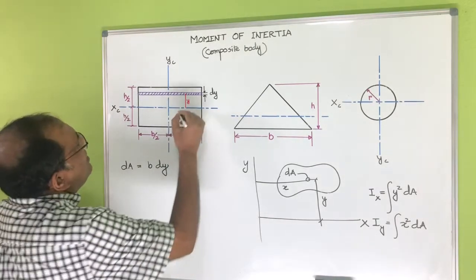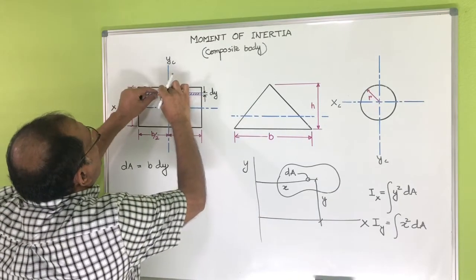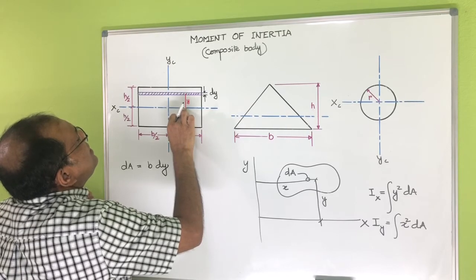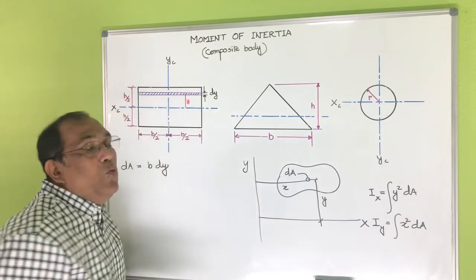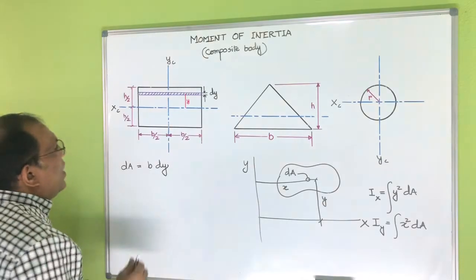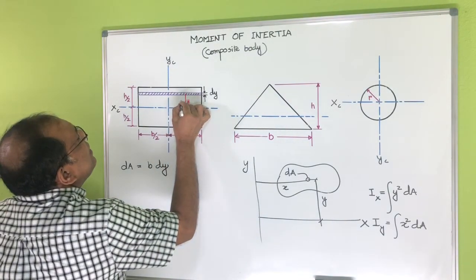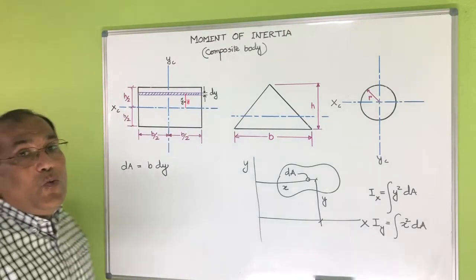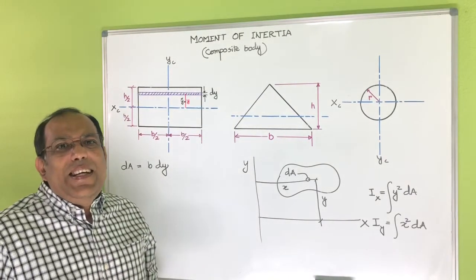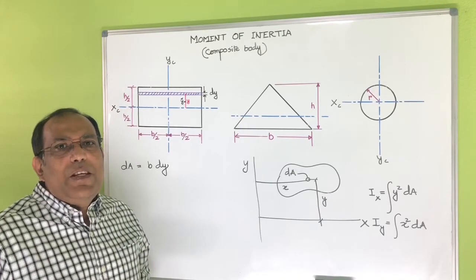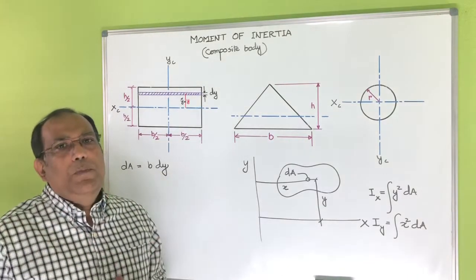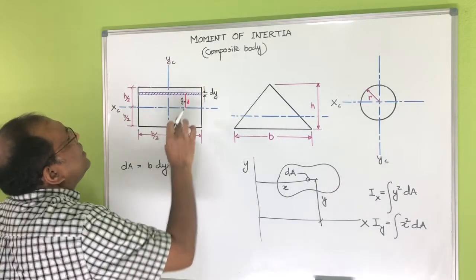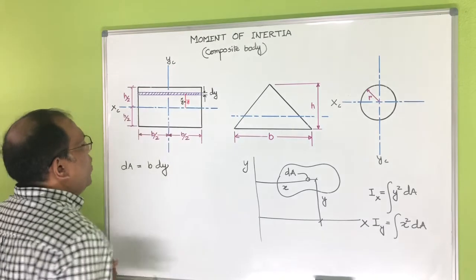Now what is the centroid of this small strip from your x-axis? You can see this distance from here to here is y. Y here means the distance of the centroid of that small strip. Since the strip is so small, we can assume that distance is y.